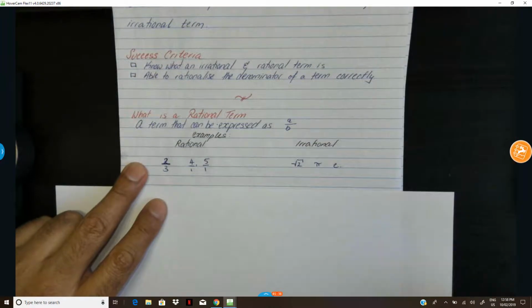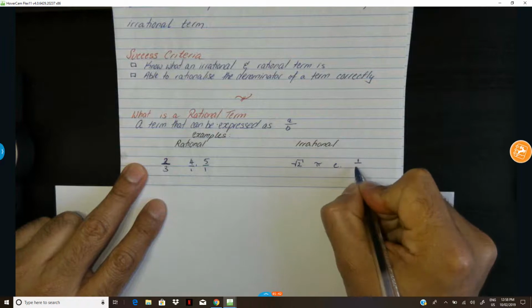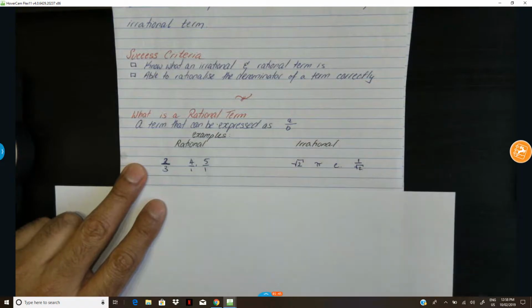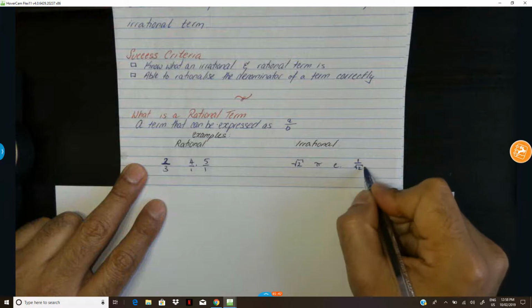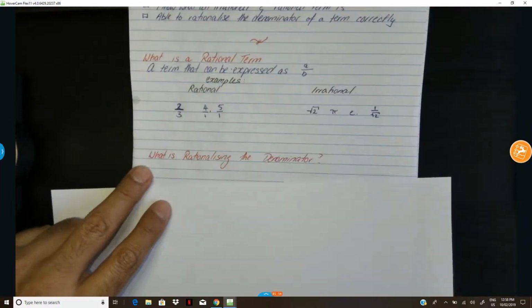So if we have a fraction such as 1 over square root 2, we want to rationalize the denominator and make the denominator a rational term. Okay, so that's what rationalizing the denominator is.